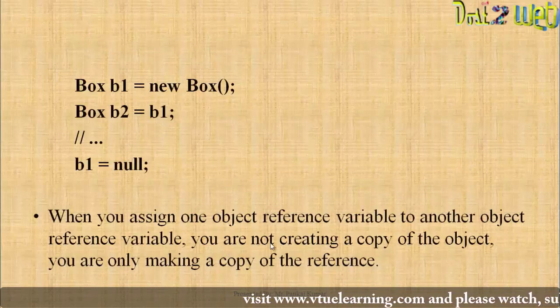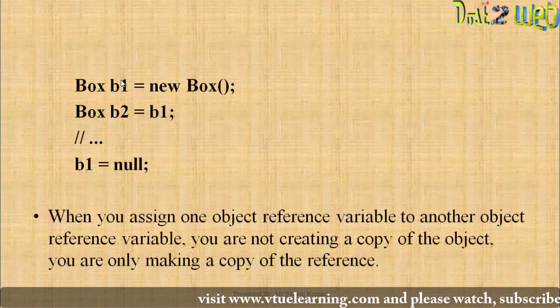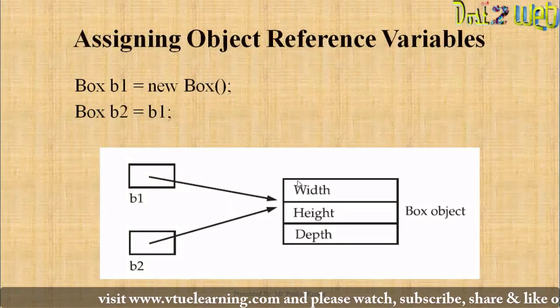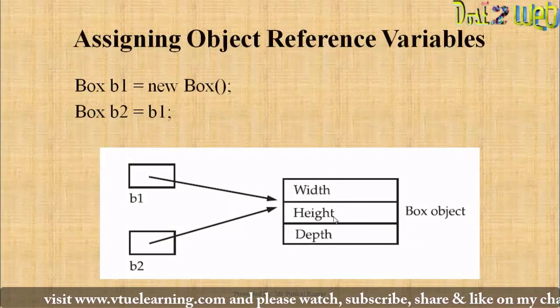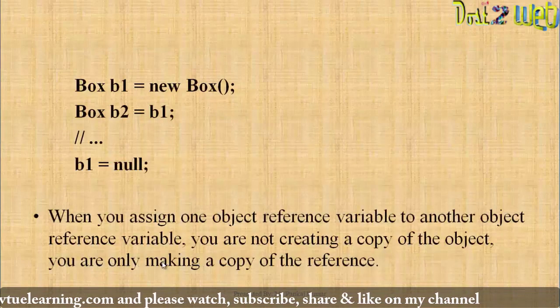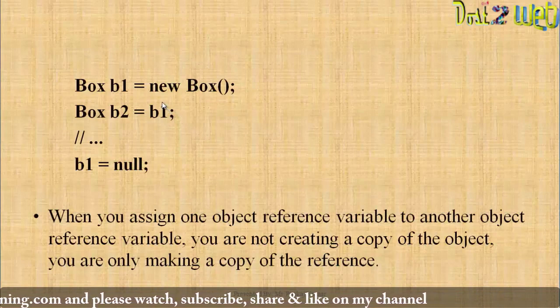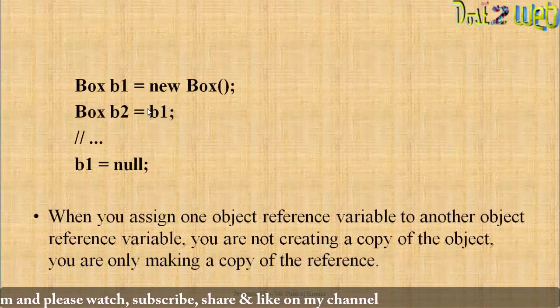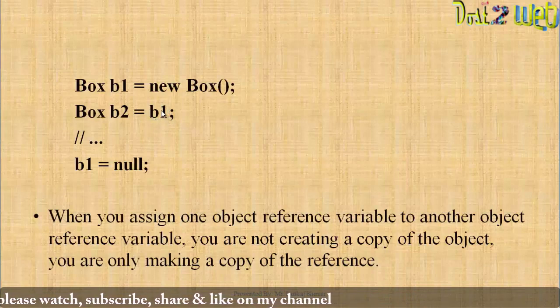Remember this point: you are not creating a copy of the object. That means your object b1 of the Box object is there, see here, this is the Box object. Suppose you have some more references, you are not copying everything, you are only making a copy of the reference. Whatever was in the b1 reference variable, the same thing is copied here. That's why b1 becomes null and b2 still has the reference. I hope you all understand this.